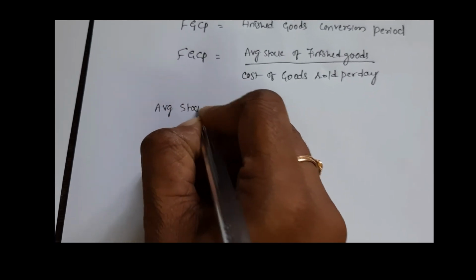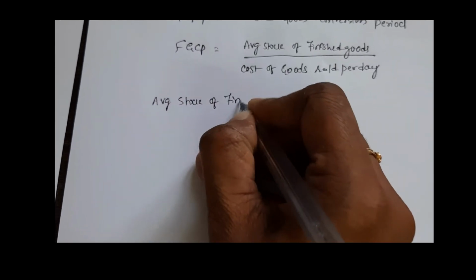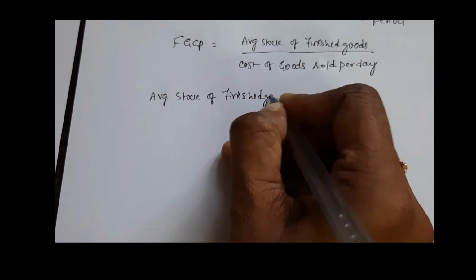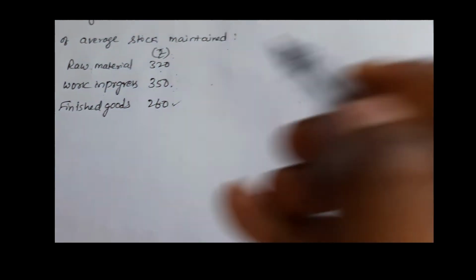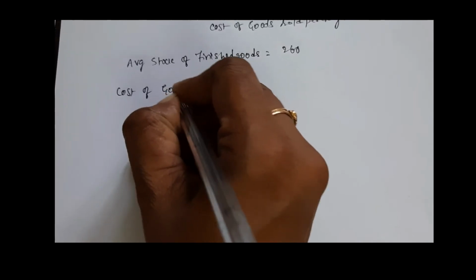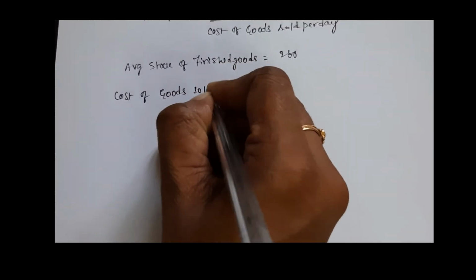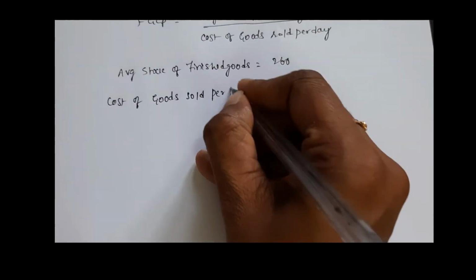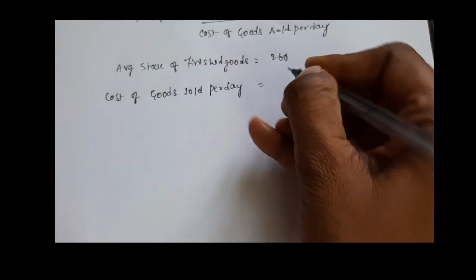And we already have the average stock of finished goods of rupees 260. Now cost of goods sold per day we need to calculate.